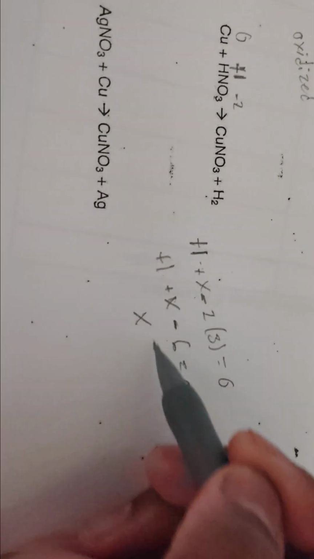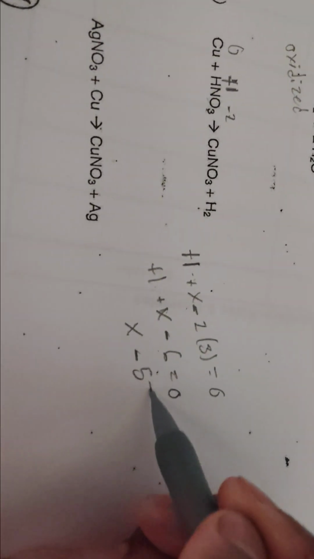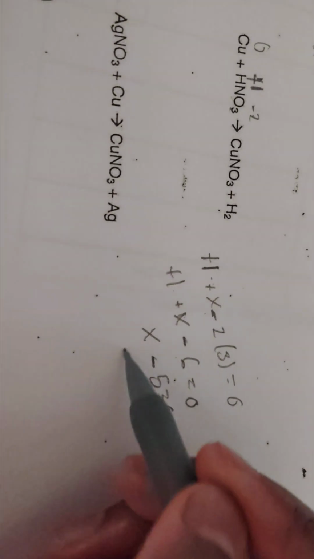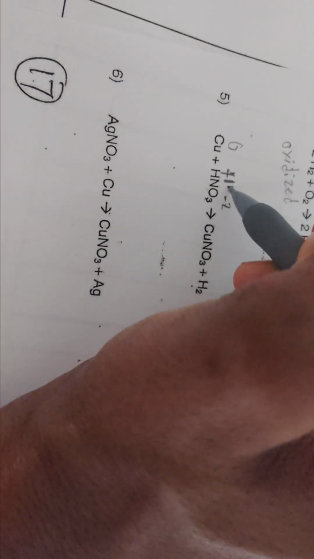So then we have x minus 5 equals 0. Move the 5 over, opposite operation, so x equals 5. So we would say that this nitrogen is a +5 in its charge, right?